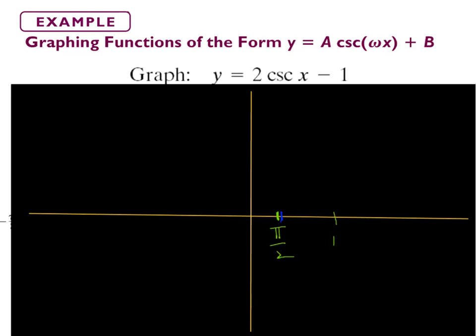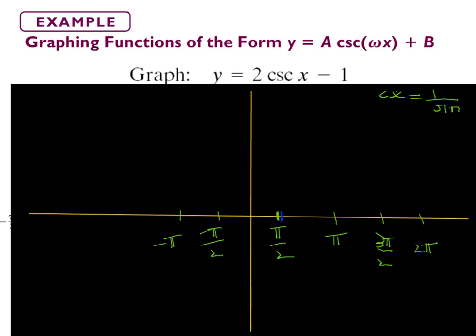It has asymptotes. Excellent. Very good. Okay, so where are my asymptotes? So this is cosecant, and cosecant is equal to 1 over sine. So when sine is 0, very good.